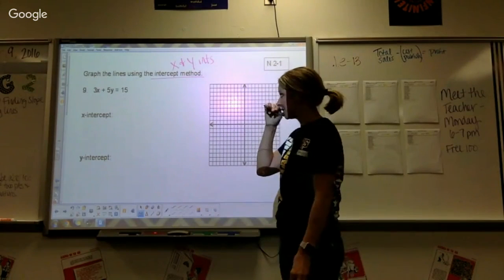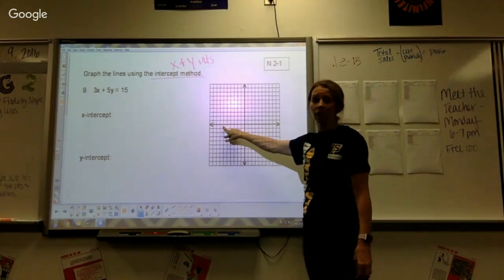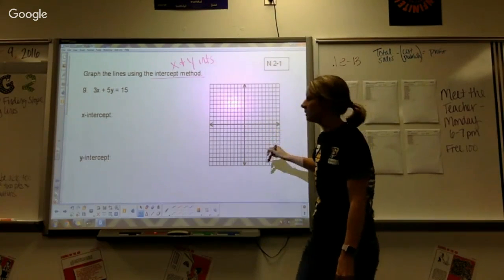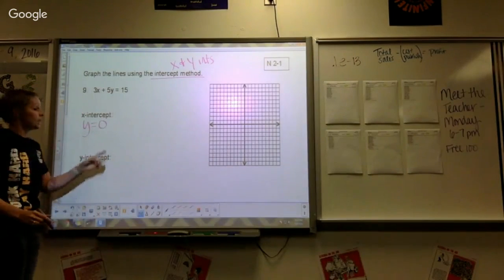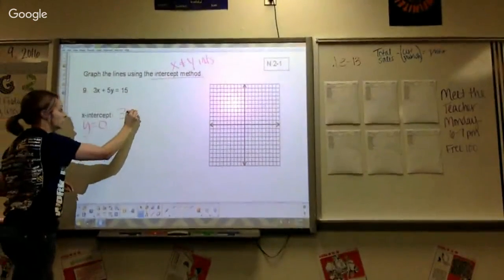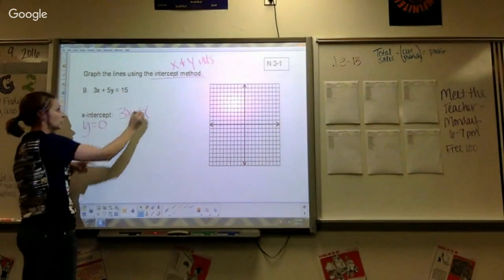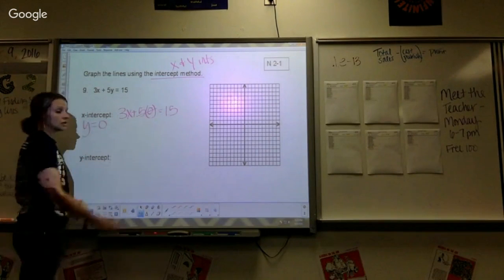Okay, so x-intercept. Anytime you have an x-intercept, no matter where it is, your y value will always be 0. So I'm going to put y equals 0 here. If we know that y is 0, when you're writing your equation, you can replace y with 0. And notice that's just going to cancel out.